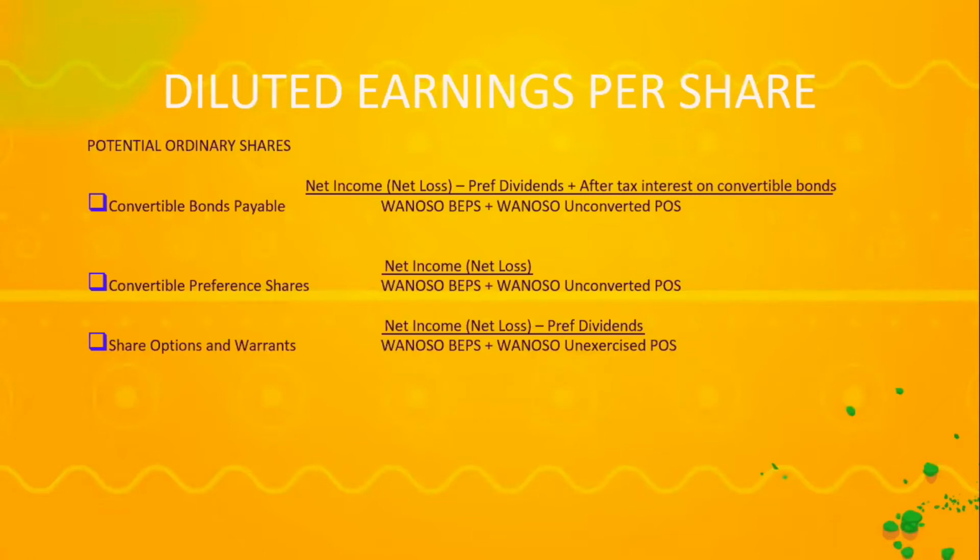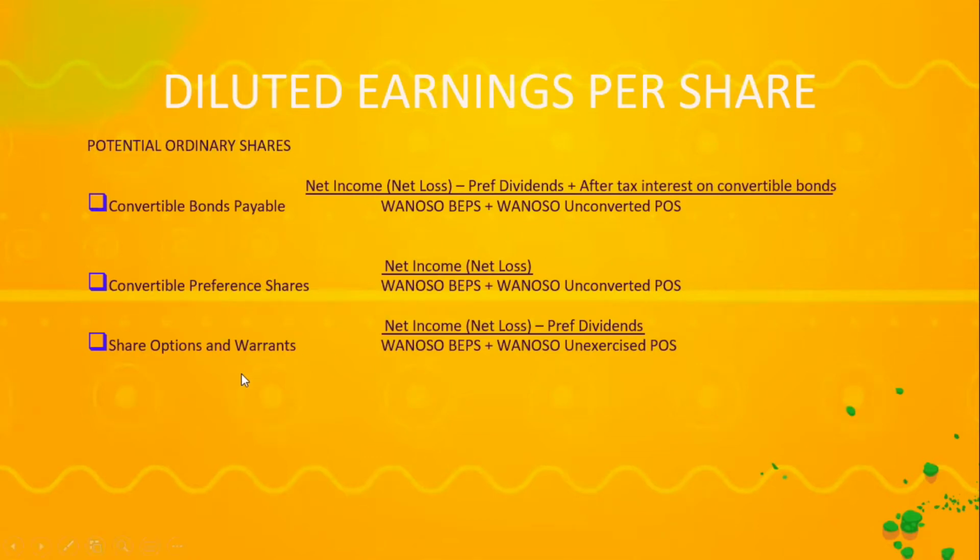So in this case, this is convertible preference shares. So it's as if there are no preference shares. Therefore, we remove the preferred dividends. Okay? Notice that. And then of course, the denominator will be the one also BEPS. So it's the same, plus the weighted average number of shares outstanding for the unconverted potential ordinary shares.